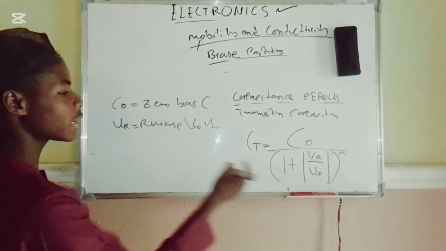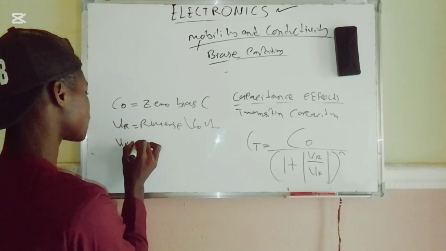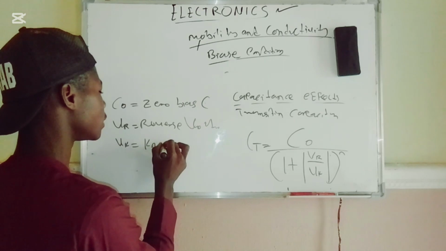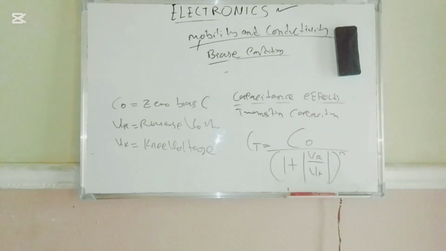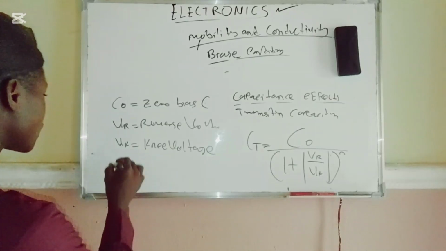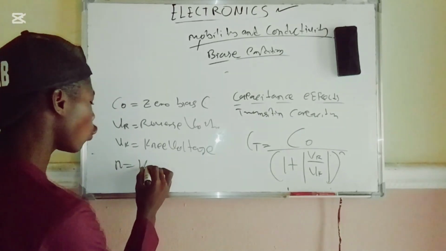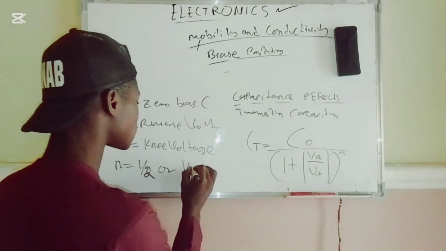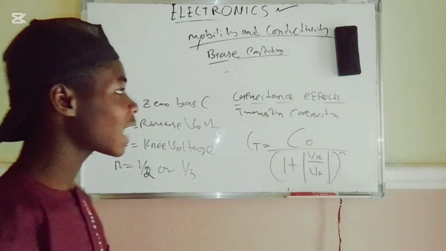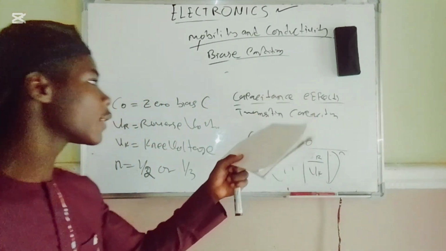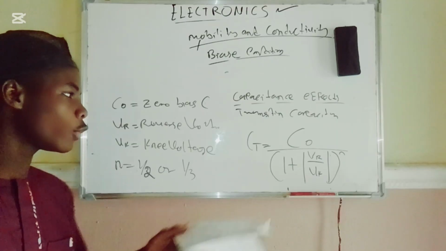The VK stands for the knee voltage. And the value of N is usually 1 over 2 or 1 over 3. So after capacitance effects, under it we have the transition capacitance, whereby we explain this formula.